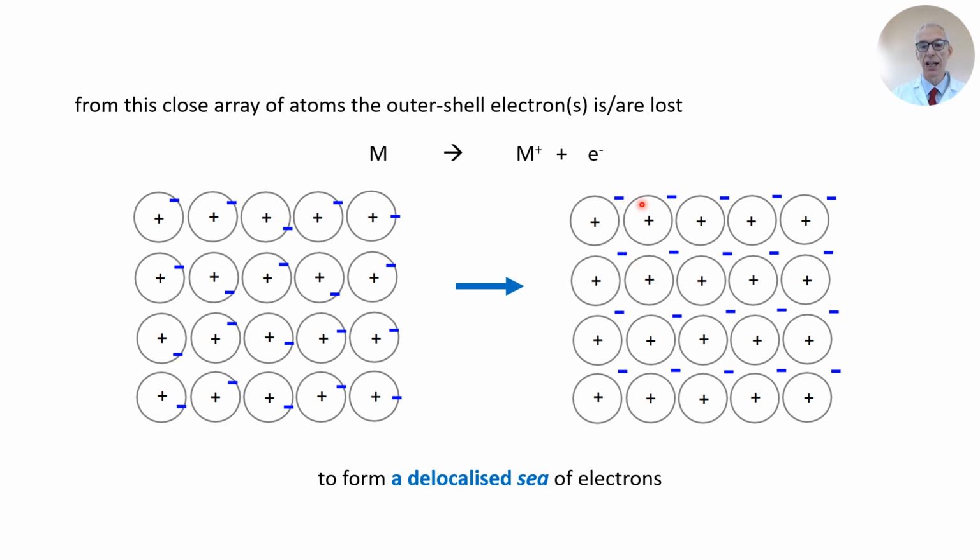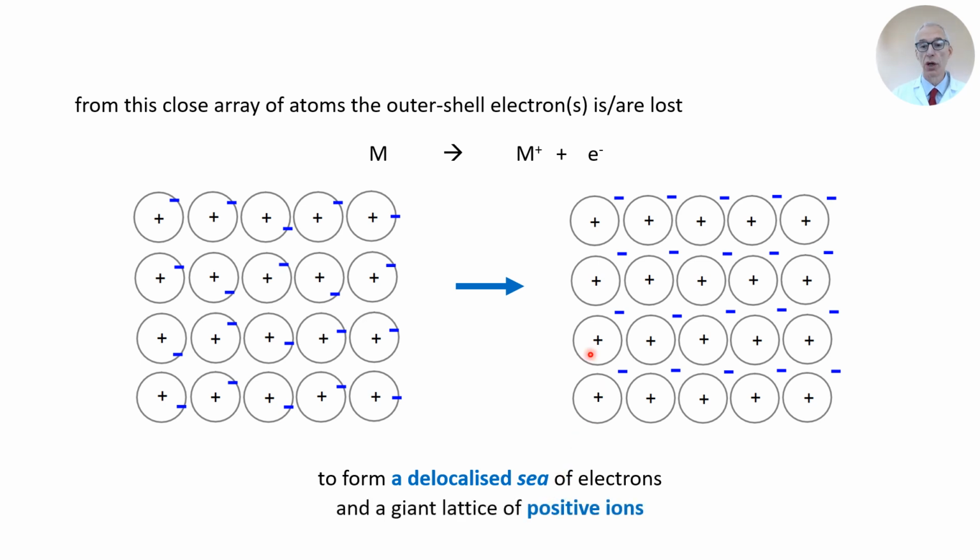So we say that these electrons, which were in the outer shell of each atom, but which have been lost from those atoms, are delocalized, and it may be referred to as a sea. So a delocalized sea of electrons.